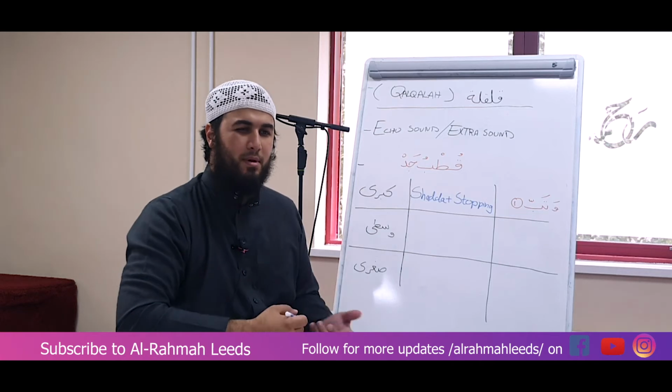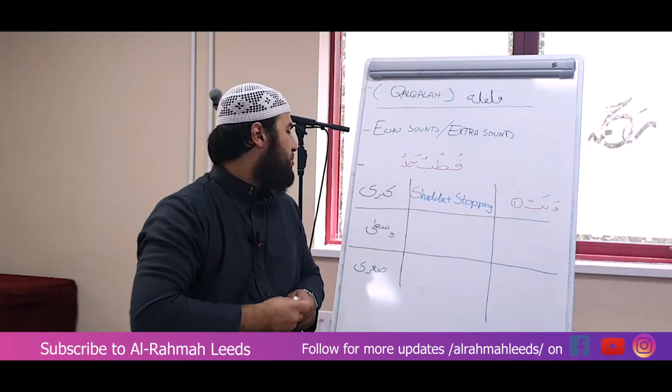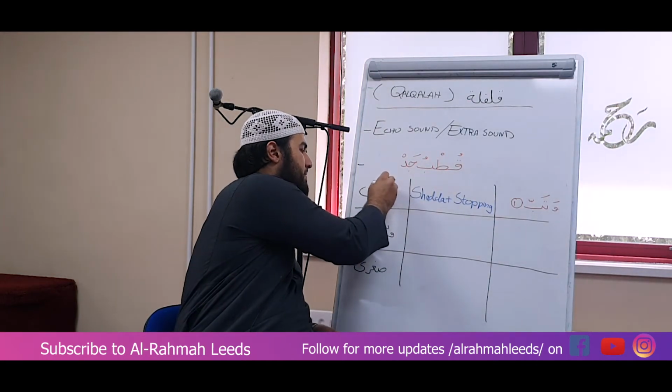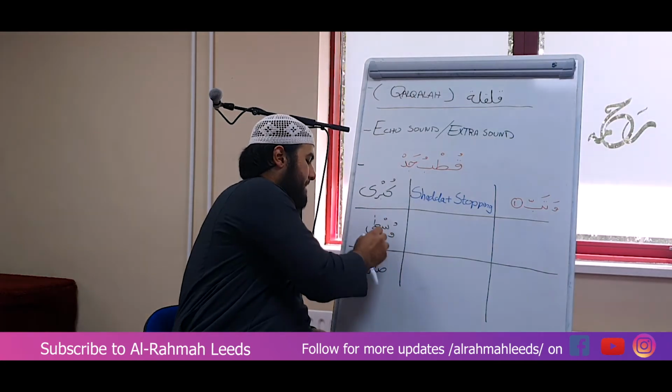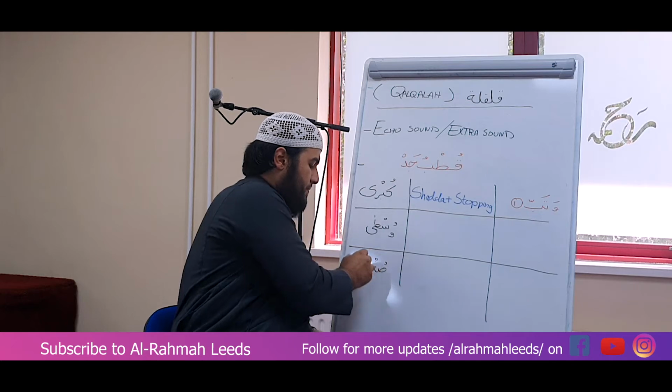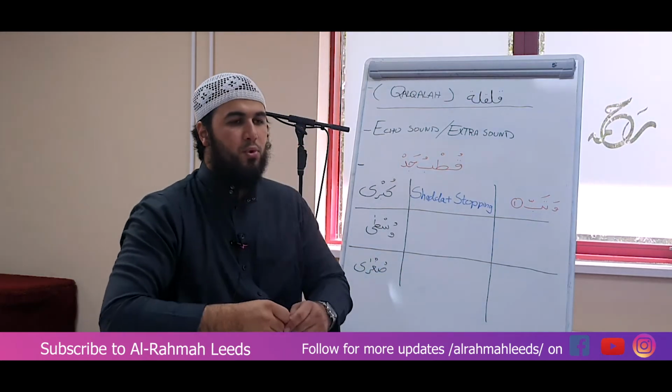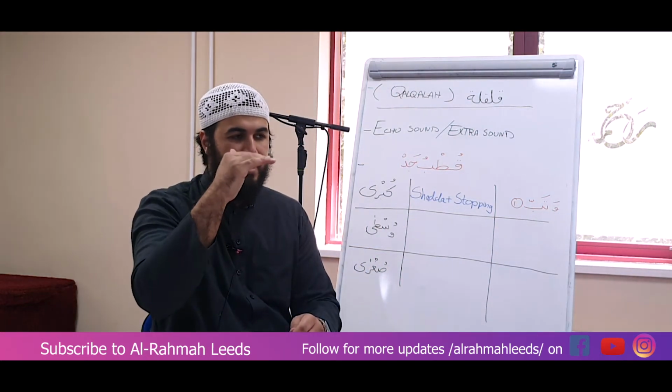That's understood, yeah? Kubra is easy. You only have 2 or 3 of them in the whole Quran. The people usually stop. What about the Wusta? Middle one?